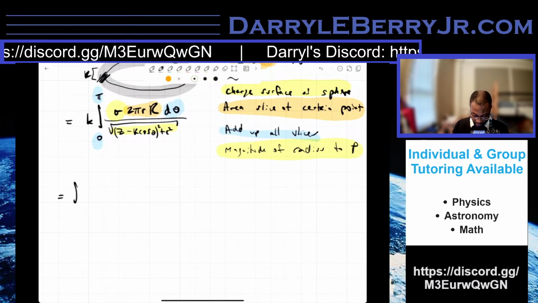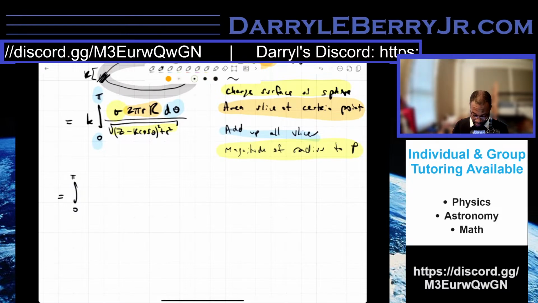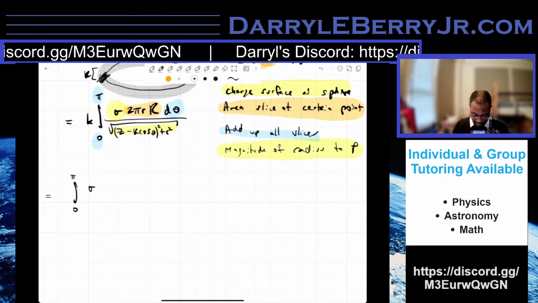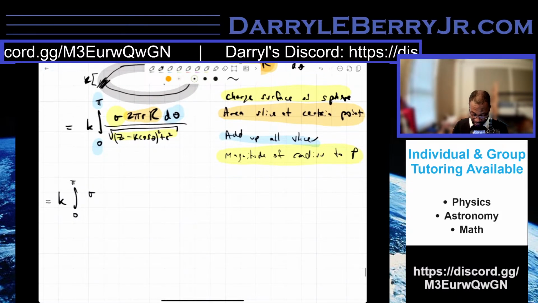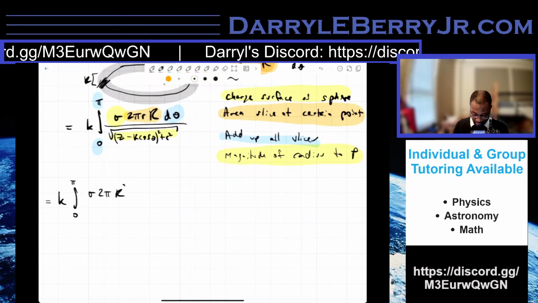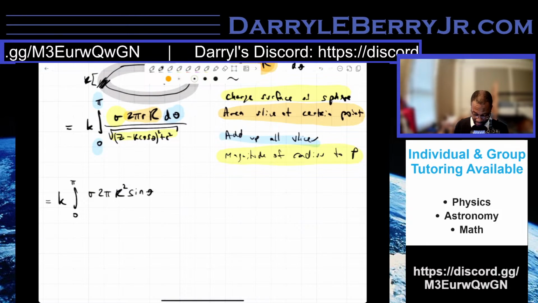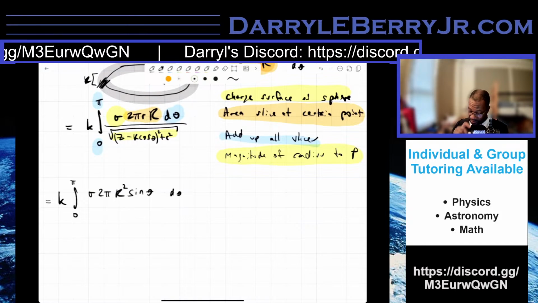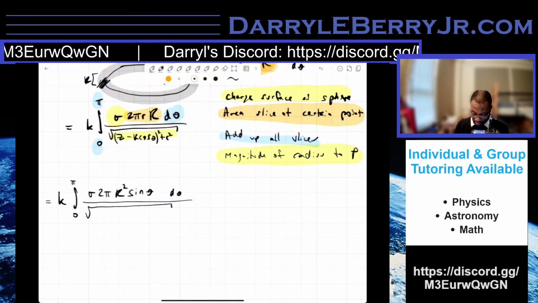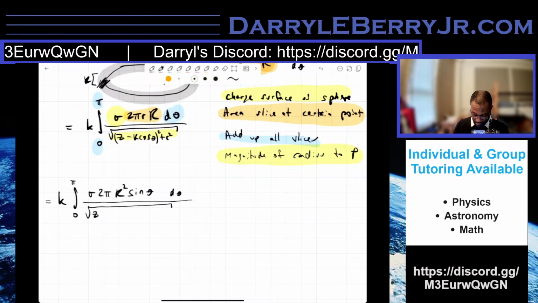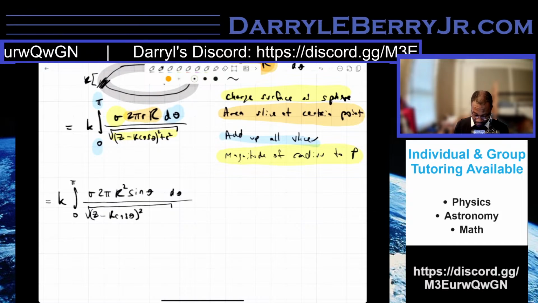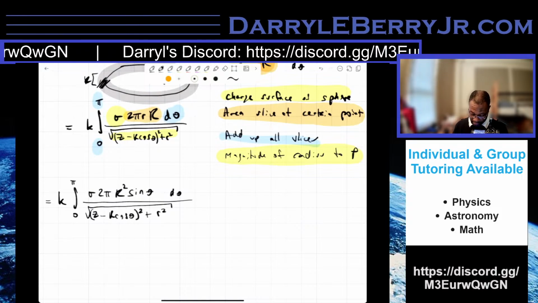This will be the integral from 0 to pi of sigma 2 pi r squared sine theta d theta over square root of z minus r cosine theta squared plus r squared.